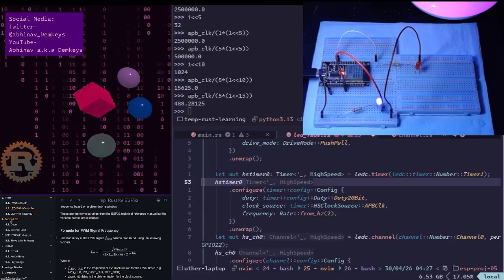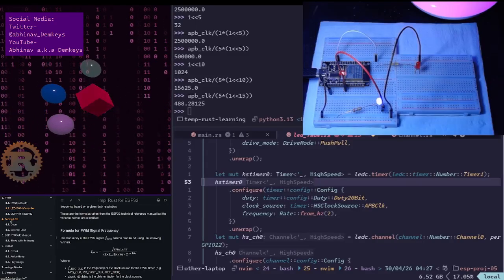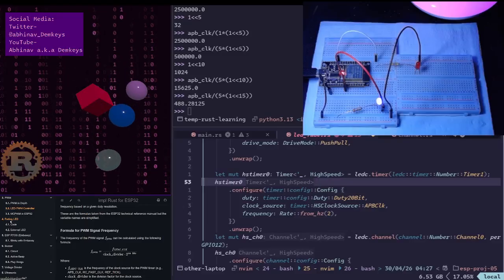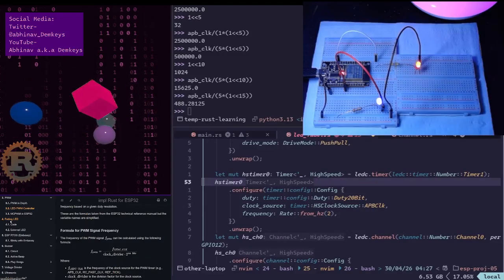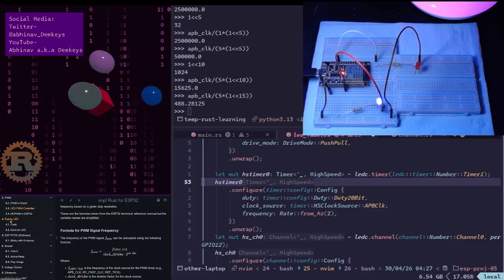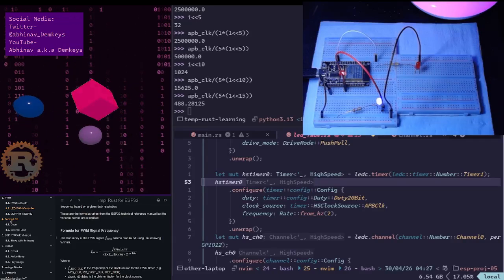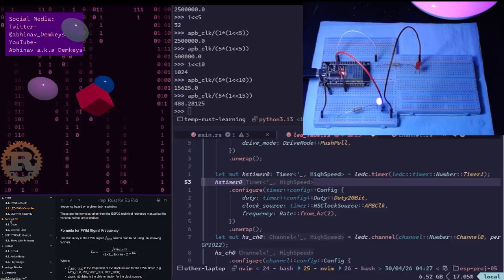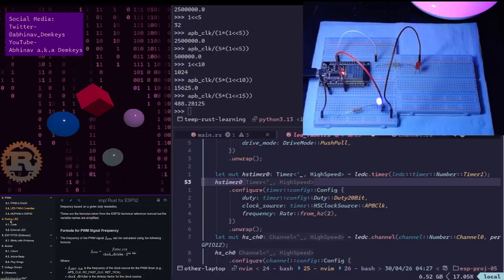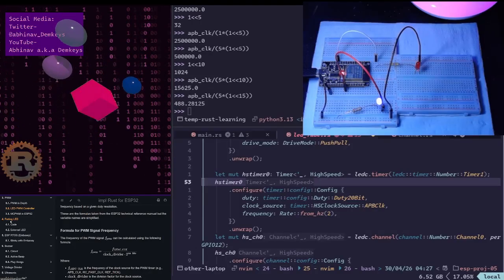Am I right to assume that as soon as the channel's configure method is called, the channel, and therefore the pin, starts outputting a constant PWM signal?